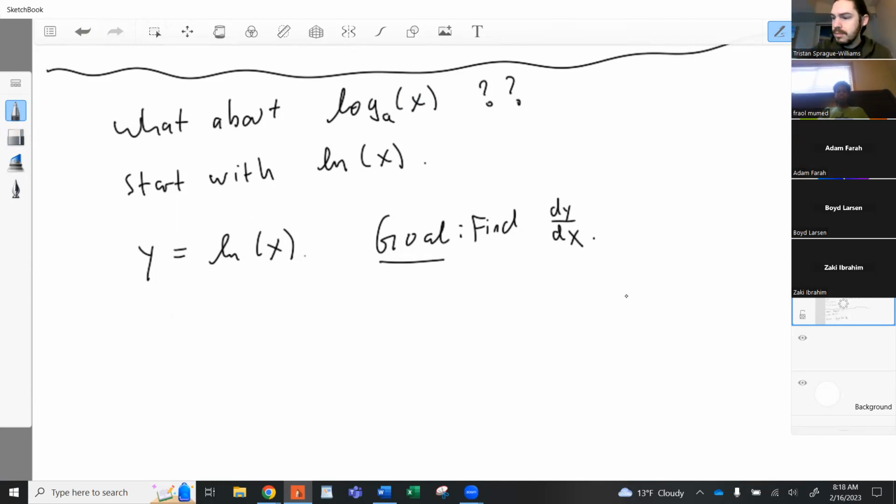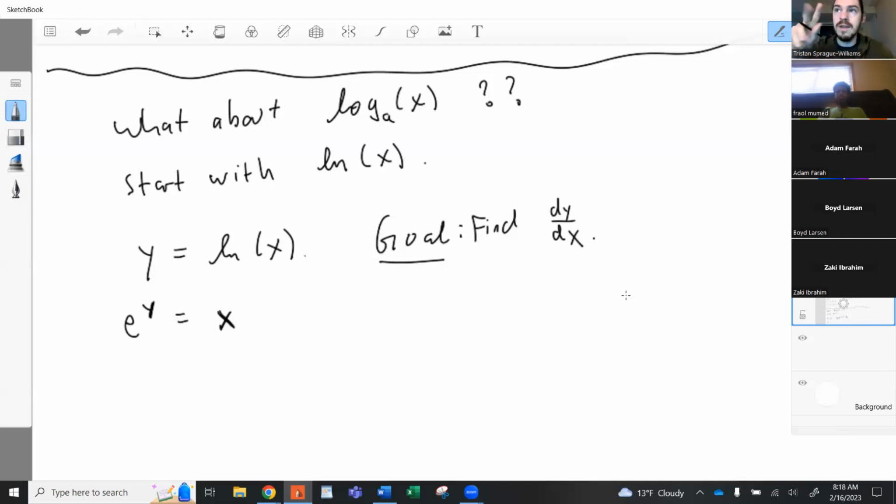So the given base of a natural log is e. So then you would bring the e from the natural log to the left side and have e to the power of y is equal to x. Yes, that's correct. So as Boyd said, it's e to the power y equals x.